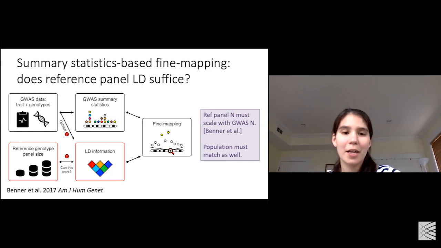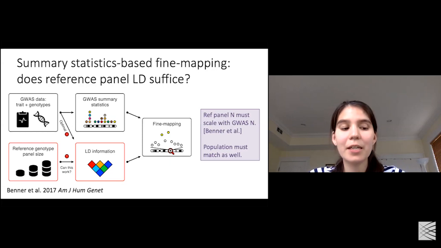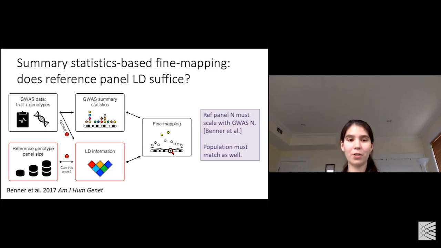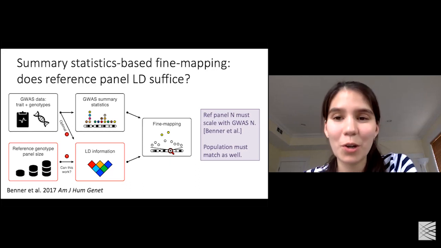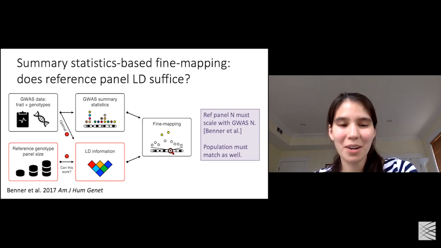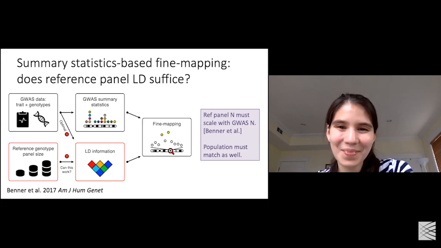So I think that continuing to explore exactly in what situations reference panel LD is okay and gives accurate answers would be helpful, because if it did work, that would be very convenient.